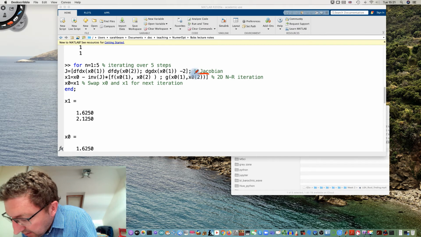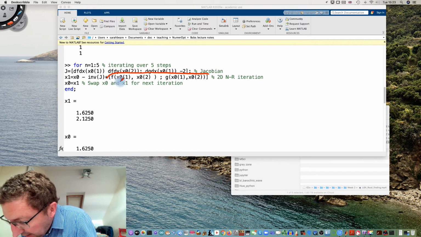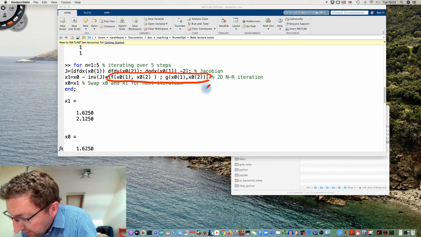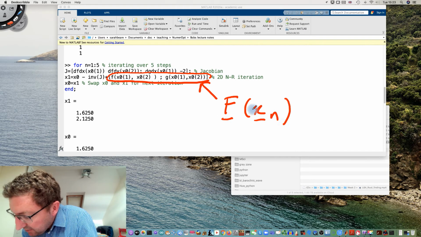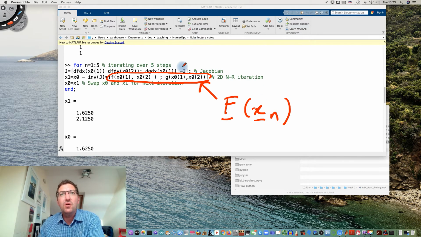We've got this thing here that corresponds to your vector f of x of n. So you're feeding a vector, which are the two components of x, 1 and 2, and that itself is a vector as well with the two values of f and g. So this is directly analogous to your Newton-Raphson method. And equally, your Jacobian now is a matrix.